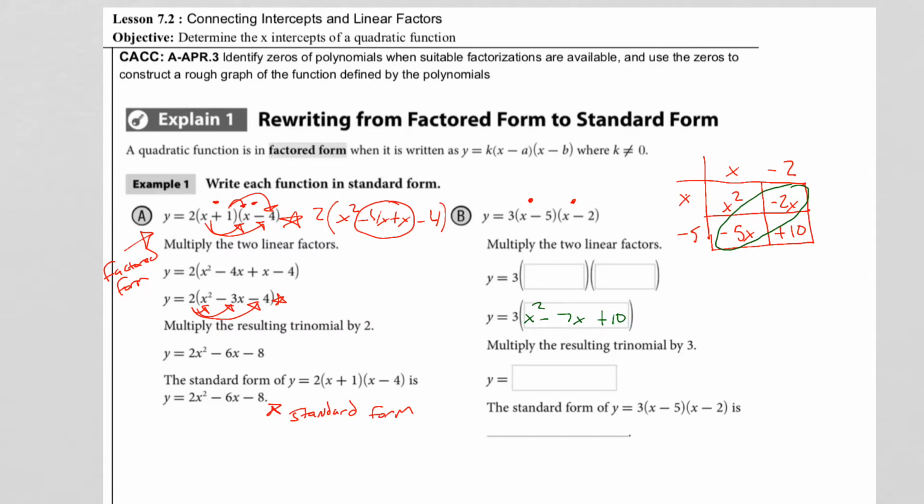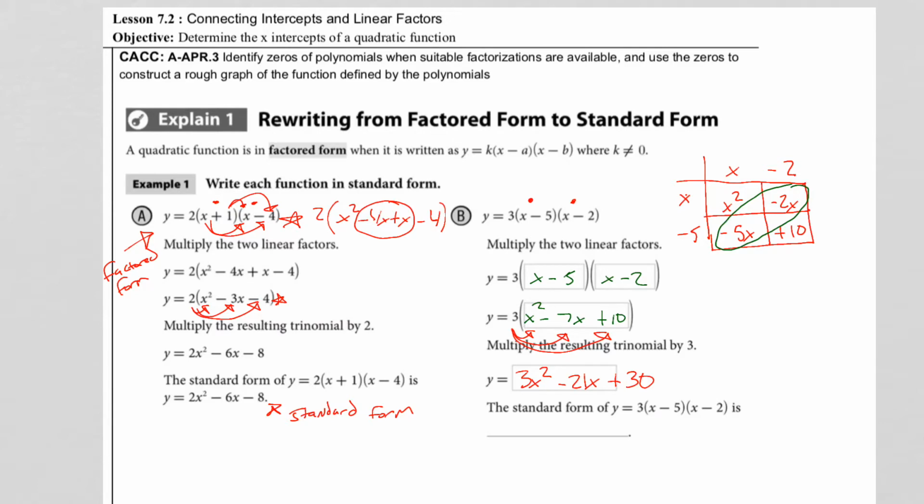This is the part that says multiply the two linear factors. I mean, this is what you're doing. And the last step here is you have to take this 3 and distribute it by multiplication. So 3 times x squared is 3x squared. 3 times the negative 7x is negative 21x. And then 3 times 10 is plus 30.